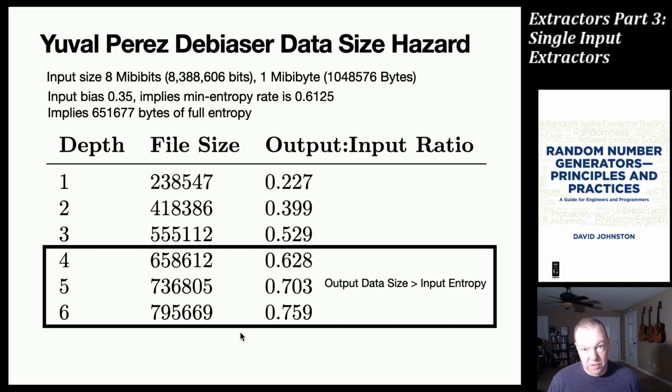So because it's not full entropy, we would have only 2 to the 500 output patterns coming out, but there would be more than 2 to the 500 patterns coming out because we've got a larger amount of data coming out than we're putting in, or a larger amount of data coming out than entropy we're putting in. And so you'd find duplicates of values coming out more often than you should.